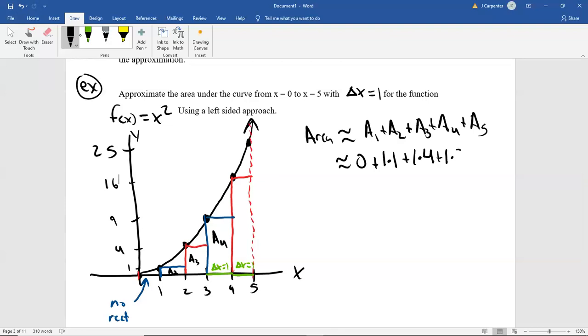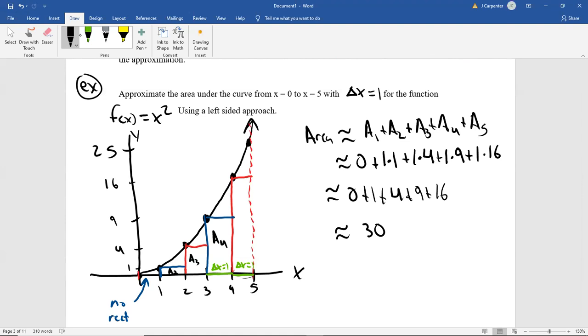Plus, this last one over here, the width is 1 times its height, which was 16. We actually don't even use the 25. If we did a right-sided approach, we would, but it was still nice to know that. So this is 0 plus 1 plus 4 plus 9 plus 16, which is 5, 5 plus 9 is 14, 14 plus 16 is 30.